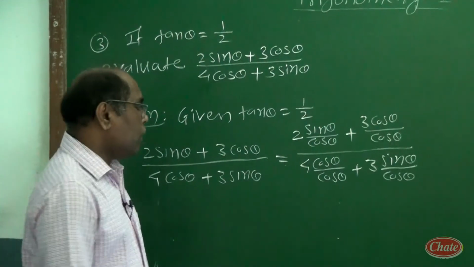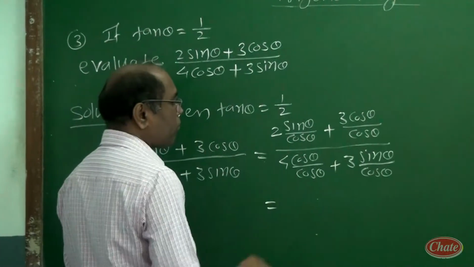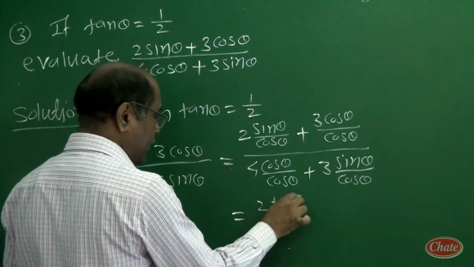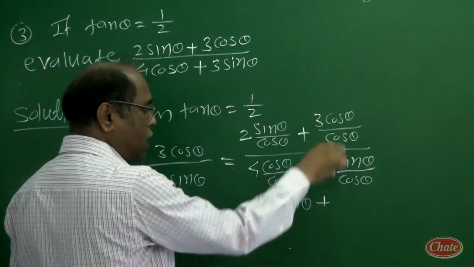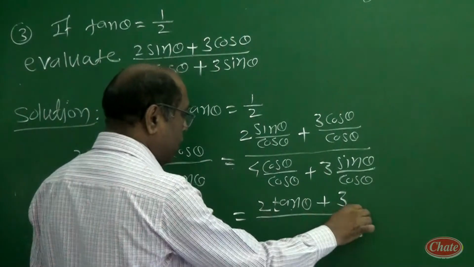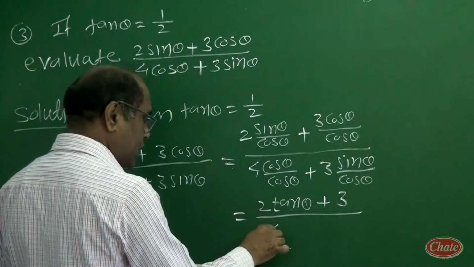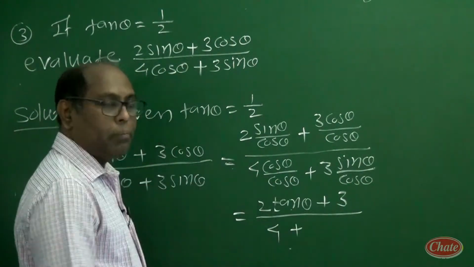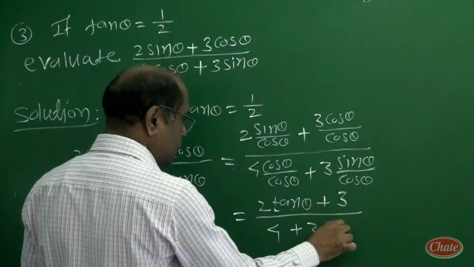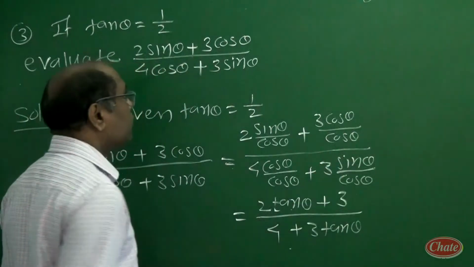Now that is equal to 2 into sin upon cos, that is tan theta, plus 3, since cos theta gets cancelled, divided by 4 plus sin theta upon cos theta, which is 3 tan theta.